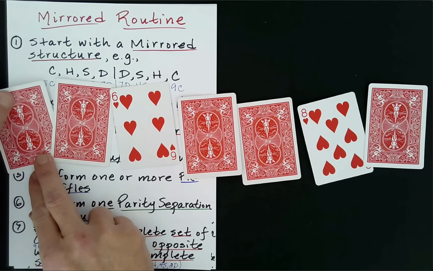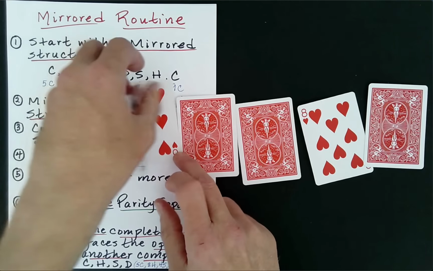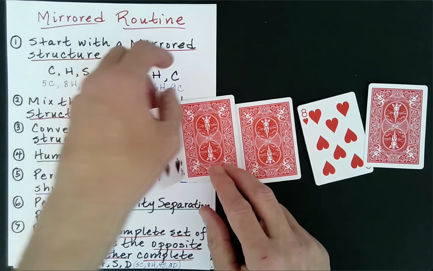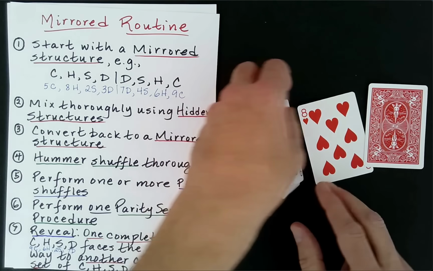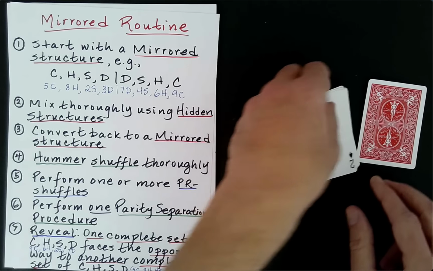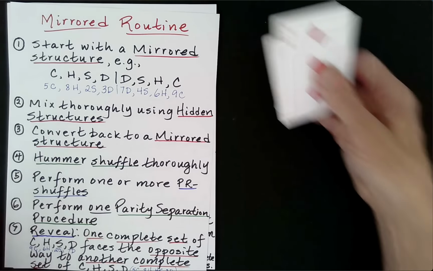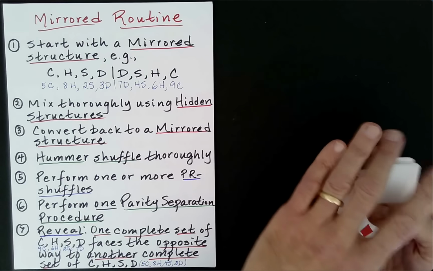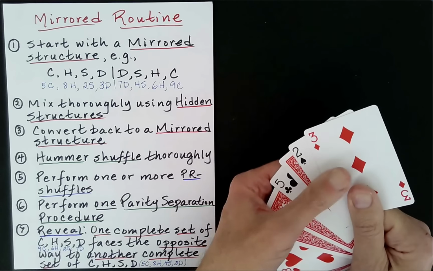And then you can have the spectator, if they enjoy folding things, fold all of these together. This is kind of a book that's folded in a funny way. Some will be mesmerized by that. Okay, that's a folding procedure. That is a parity separation procedure, and it will allow us to finish in the way that we want.